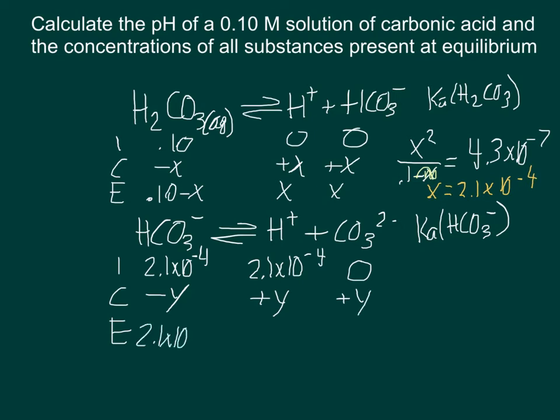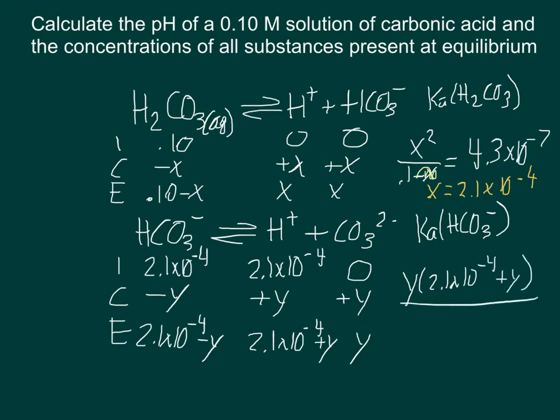2.1 times 10 to the negative 4th minus y, 2.1 times 10 to the negative 4th plus y, and therefore when we go to solve for it, we have y times 2.1 times 10 to the negative 4th plus y divided by 2.1 times 10 to the negative 4th minus y.